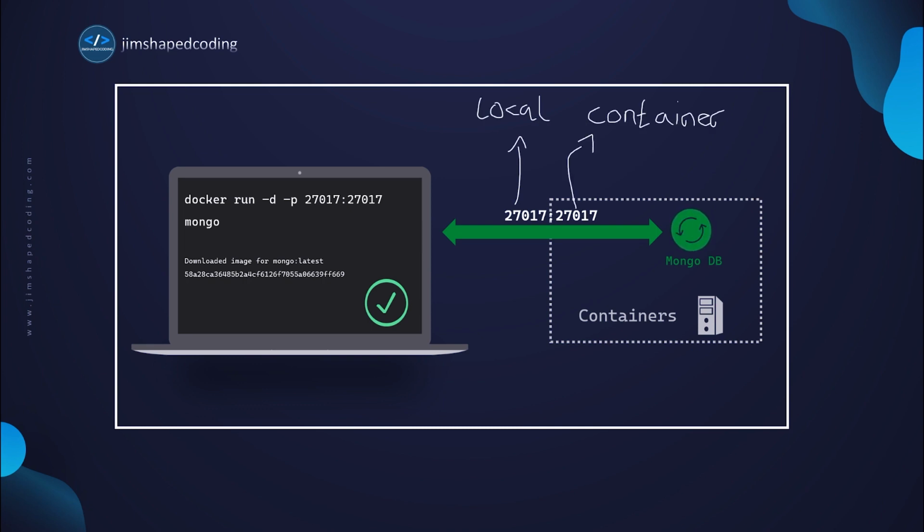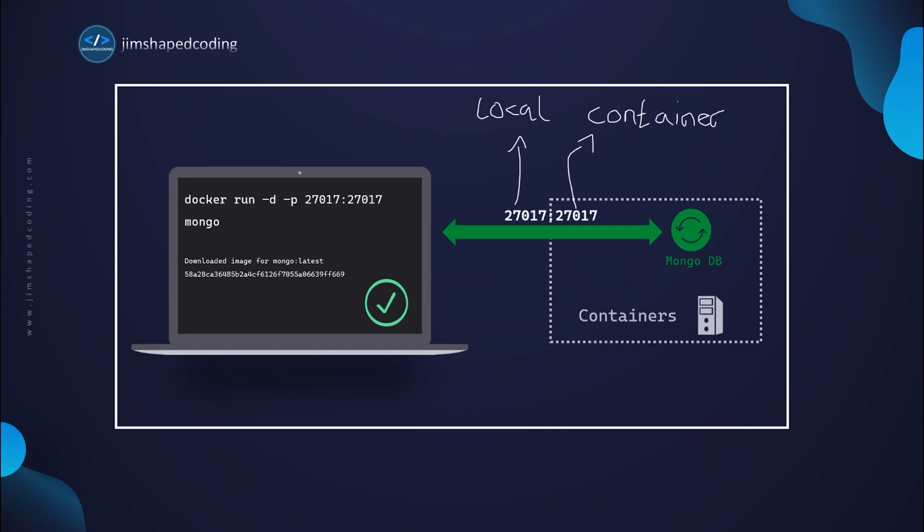Now take a note that the port that you specify on the left side is always your local host port, and the port you specify on the right side is the container port. So at the end of the day, if you want to use a different port on your local host for comfort reasons, then you can change this one to something like 8000, and then you can access your MongoDB with port 8000 from your local host, because it will do the bind correctly.